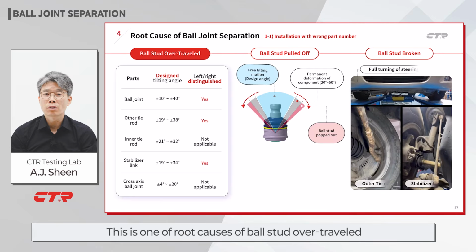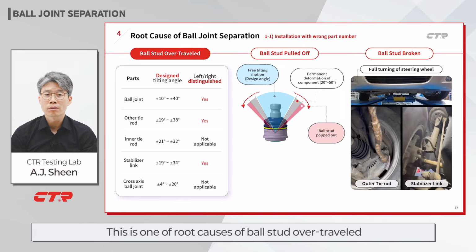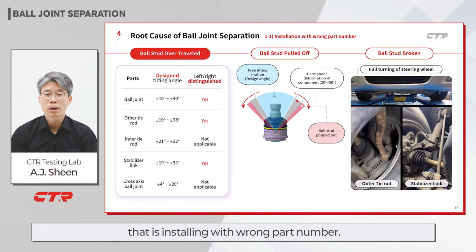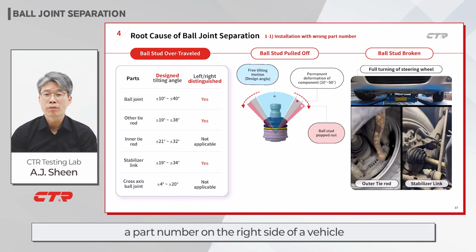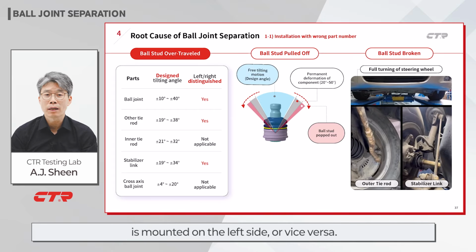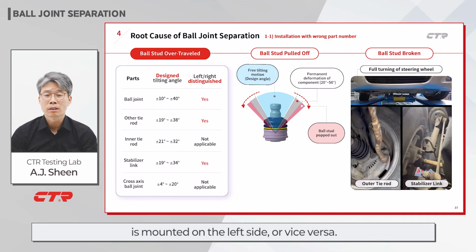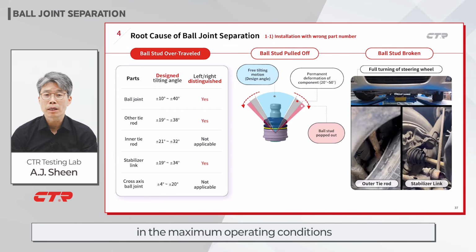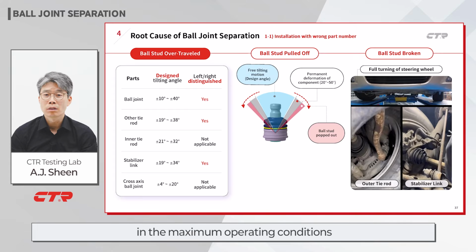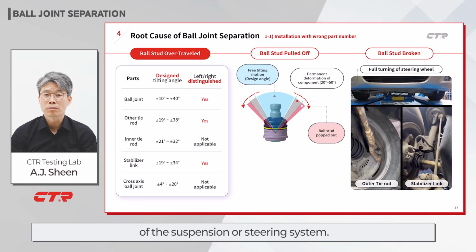This is one of the root causes of boson over-travel, that is installing with the wrong part number. For example, a part number on the right side of the vehicle is mounted on the left side, or vice versa. Installing different part numbers could cause problems in the maximum operating conditions of the suspension or steering system.